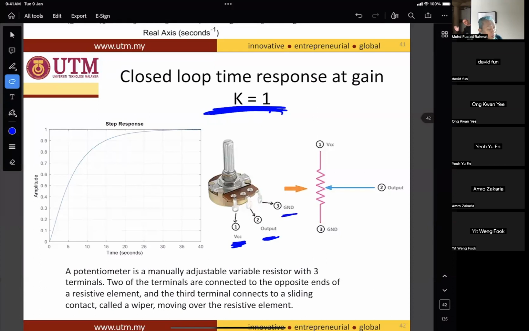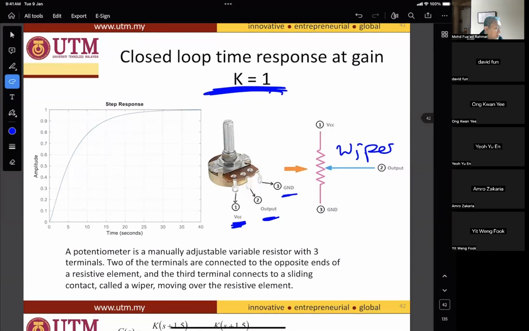So we use the voltage divider concept. The output will be the wiper. So this is the wiper. Not a car wiper, but a potentiometer wiper. So when k equal to 1, this is the response.